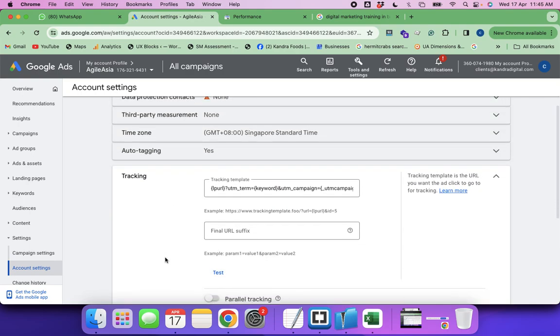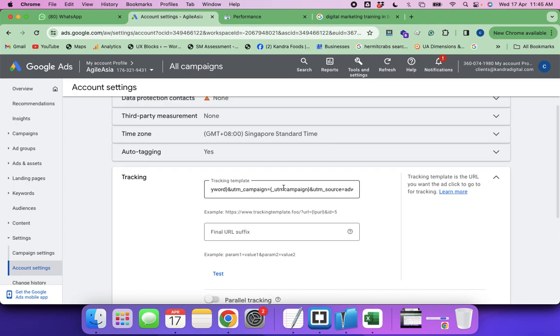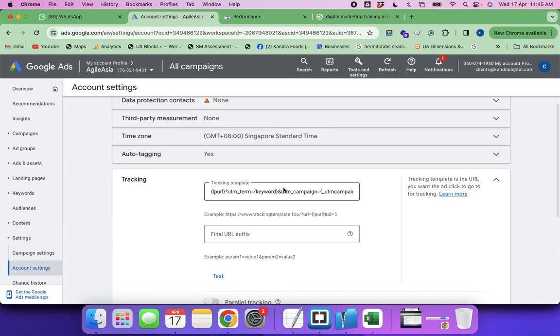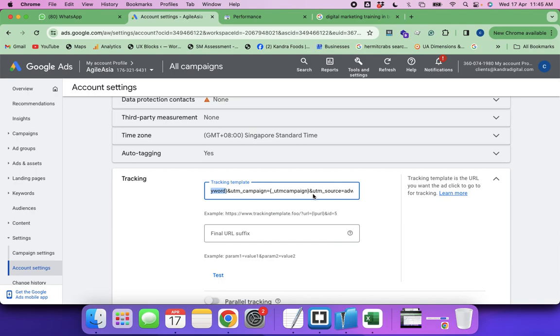Here you see UTM term, keyword. Now I'm very keen to track from which keyword the traffic has come to my website. So in flower brackets I can put keyword, something like this, and UTM campaign. This is the default tracking template. Now we are taking control of what has to be tracked in the URL by setting up the information here.